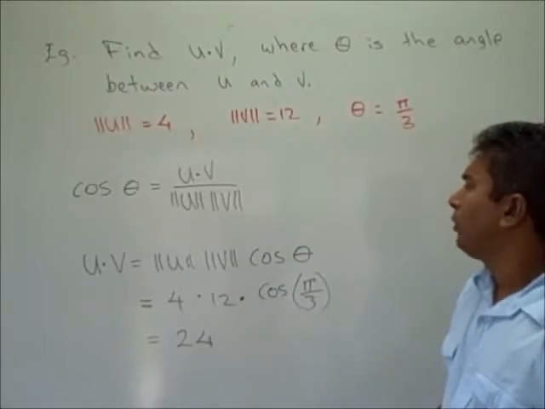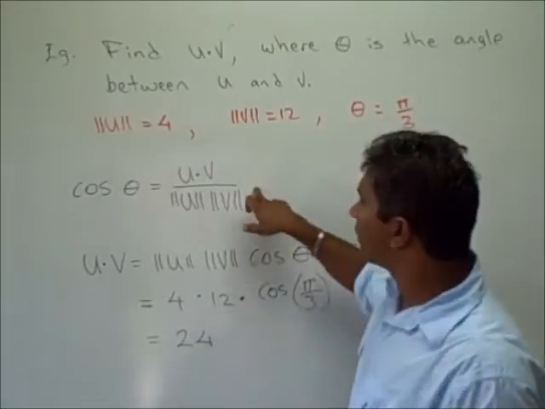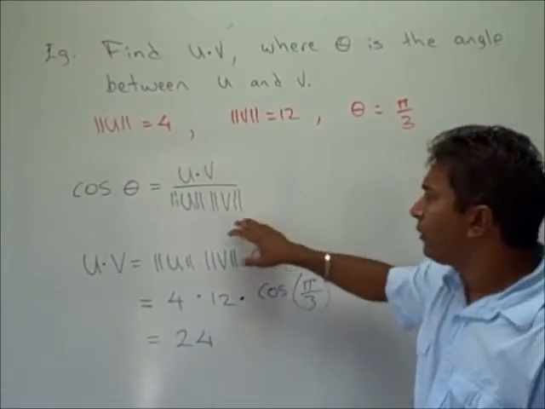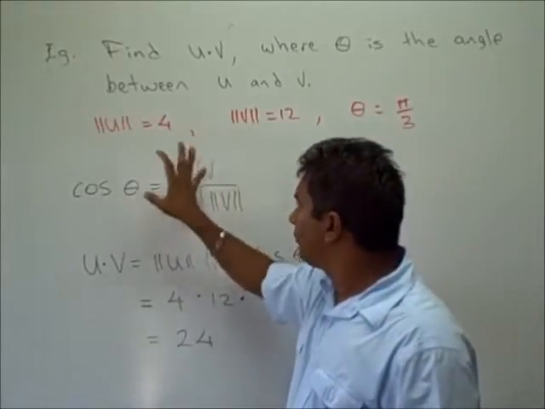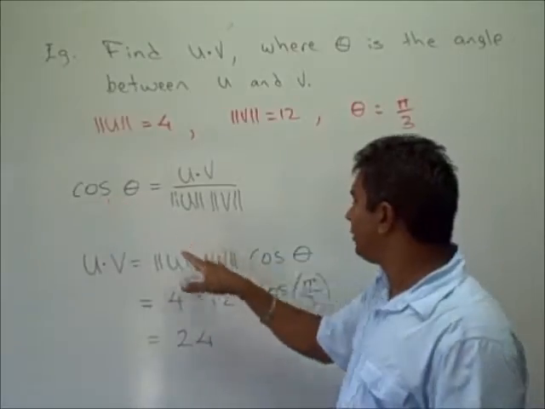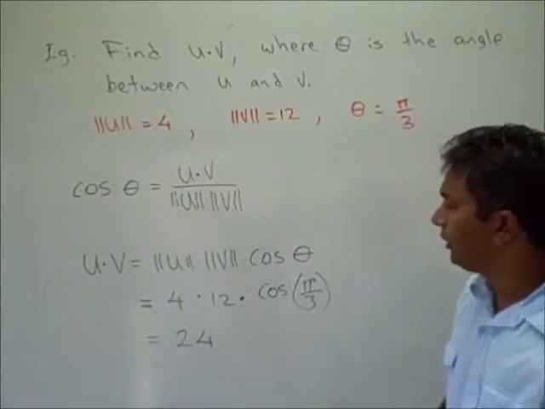If we rearrange this formula by multiplying both sides by the magnitude of u and the magnitude of v, we have u times v is equal to the magnitude of u times the magnitude of v times cosine theta. So here we have the dot product of u times v.